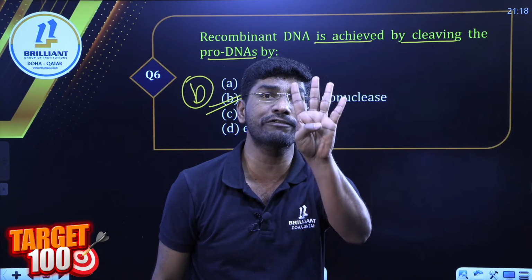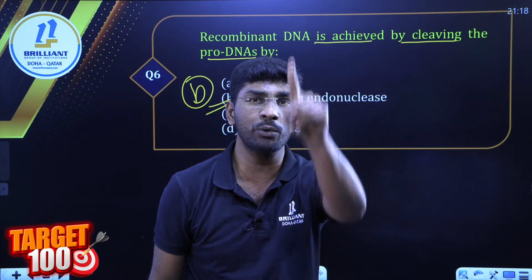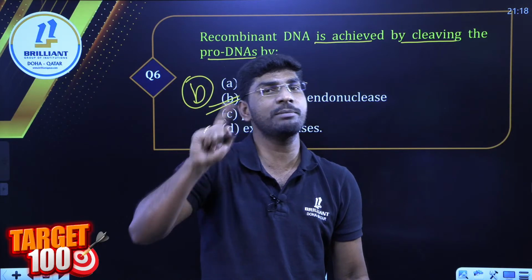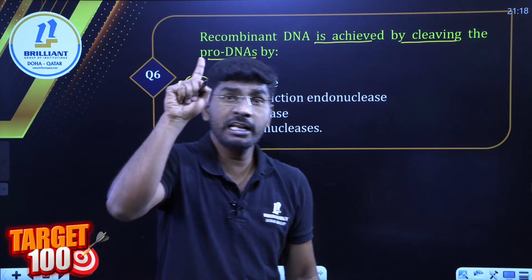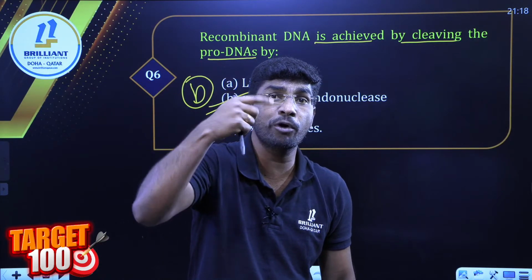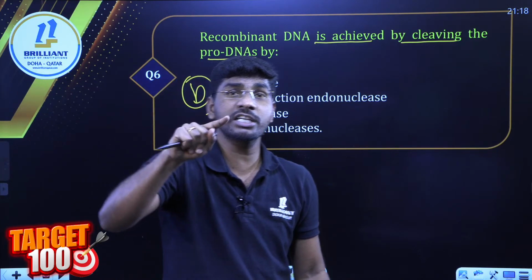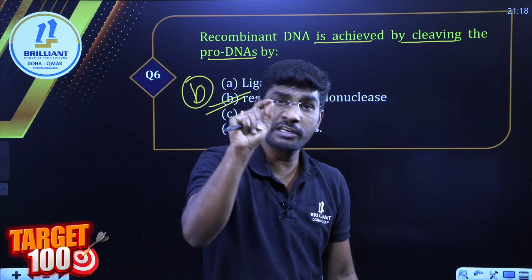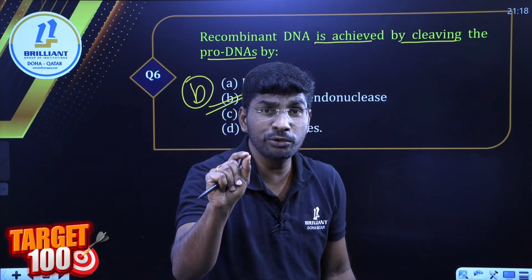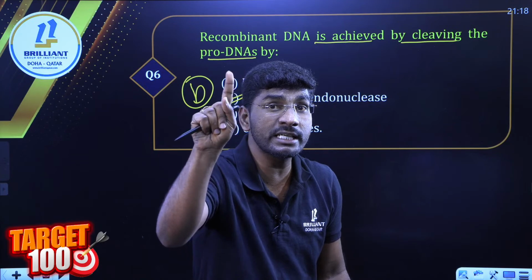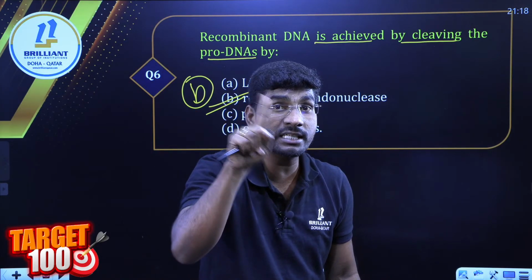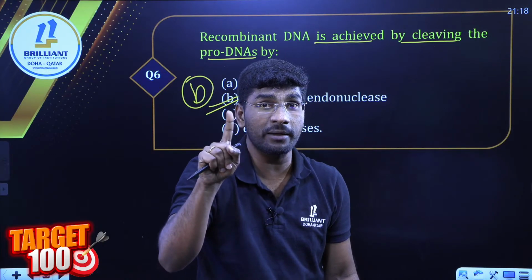I am going to cover 4 points. Everyone should remember until the NEET exam is complete, not just your CBSE. Until your NEET exam is complete, keep these 4 points on your tongue. Number 1, restriction endonuclease enzymes are exclusively found in bacteria. It's a defense mechanism. Restriction endonuclease can cut both DNA strands. It cannot cut single stranded DNA or single stranded RNA.